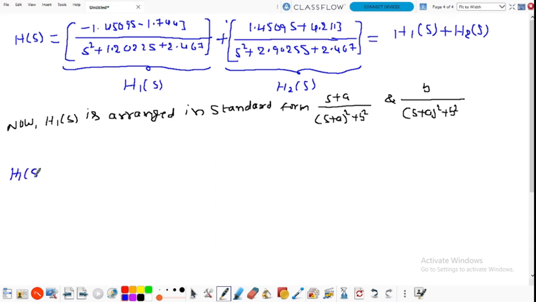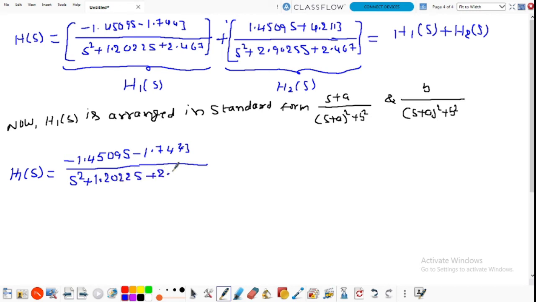H1 of S is minus 1.4509 S minus 1.7443, divided by S square plus 1.2022 S plus 2.467.